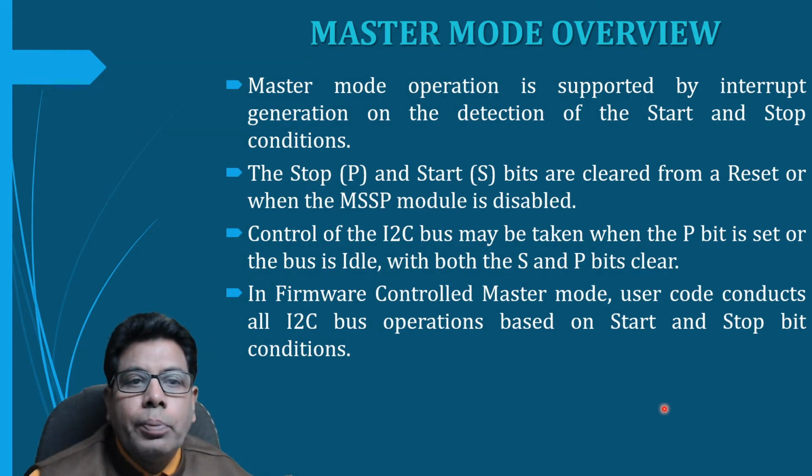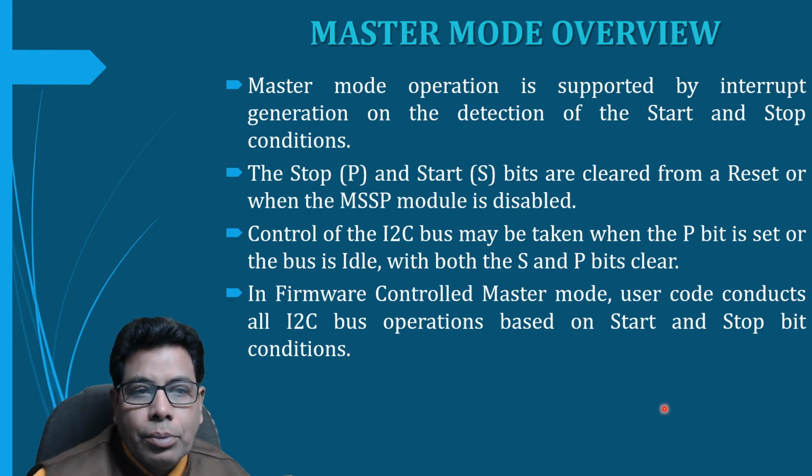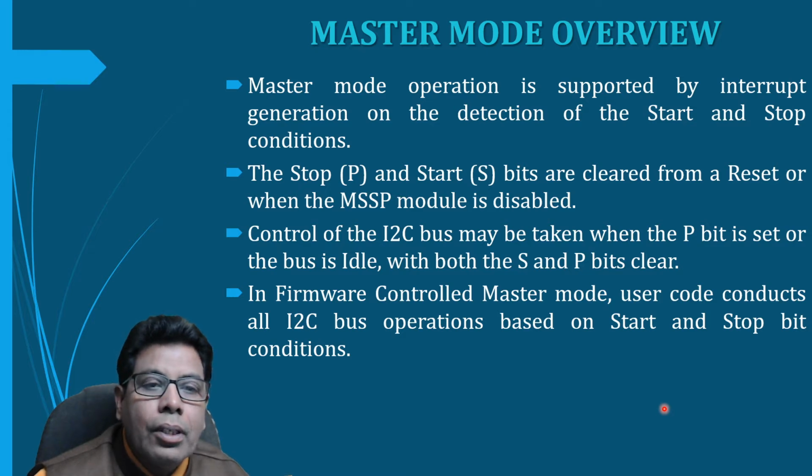The master mode operation is supported by interrupt generation on the detection of start and stop conditions. See, the start and stop conditions are very important in this I2C mode. The data transfer will start with the help of the start bit, and it will stop with the help of the stop bit.